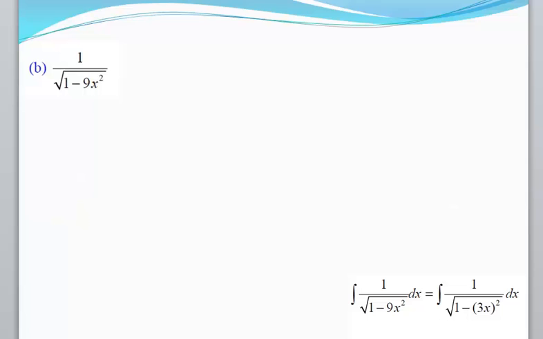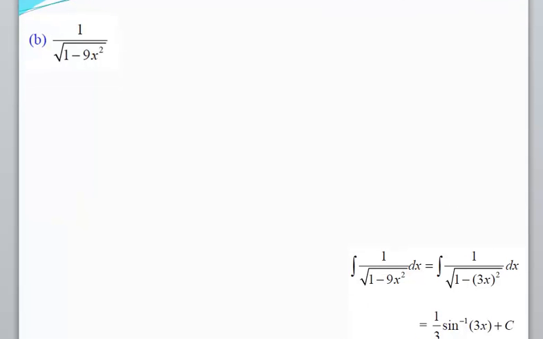So looking at the next example here, if we write out our formula as it appears on our formula sheet, we have d on dx of our inverse sine of u is equal to 1 on the square root of 1 minus u squared, du on dx. Now if we look at this, we've got 9x squared.